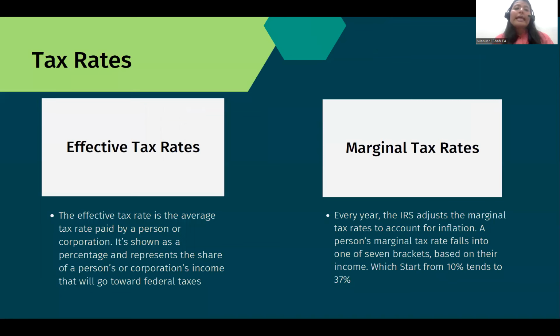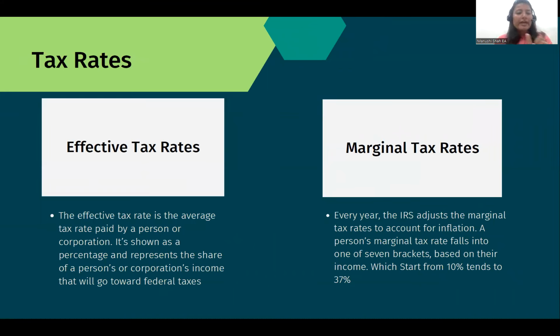If we talk about the tax rates, we have the effective tax rate and the marginal tax rate. What is the meaning of effective tax rate? In a nutshell, the effective tax rate is a flat tax rate.